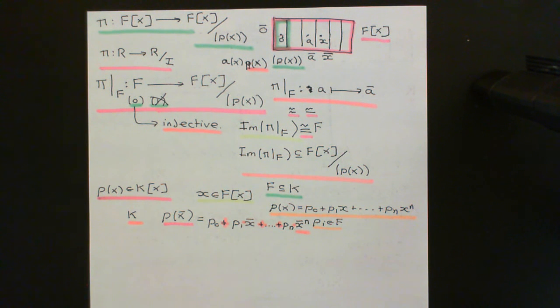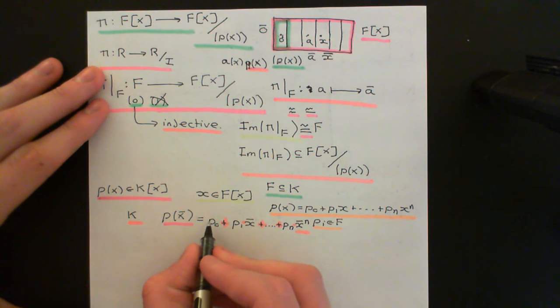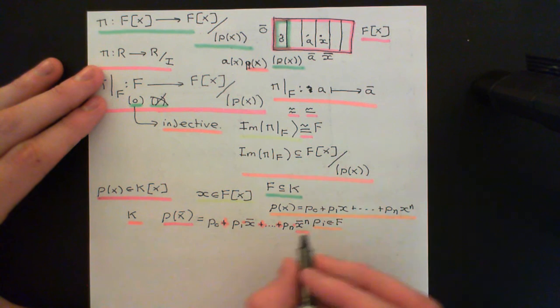Right, so now let's actually perform this. Let's work out what element of the field capital K we will get if we do this. And we are hoping that we're going to get 0, the additive identity in our field capital K. So how do we add and multiply in the field capital K? Well, of course, we take representatives of the cosets. And really, I should probably update this.